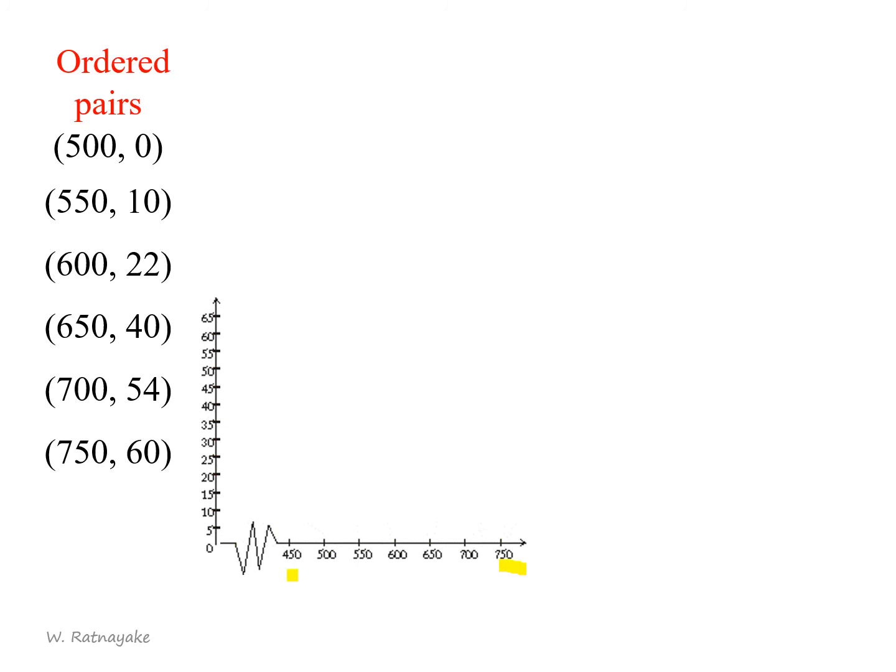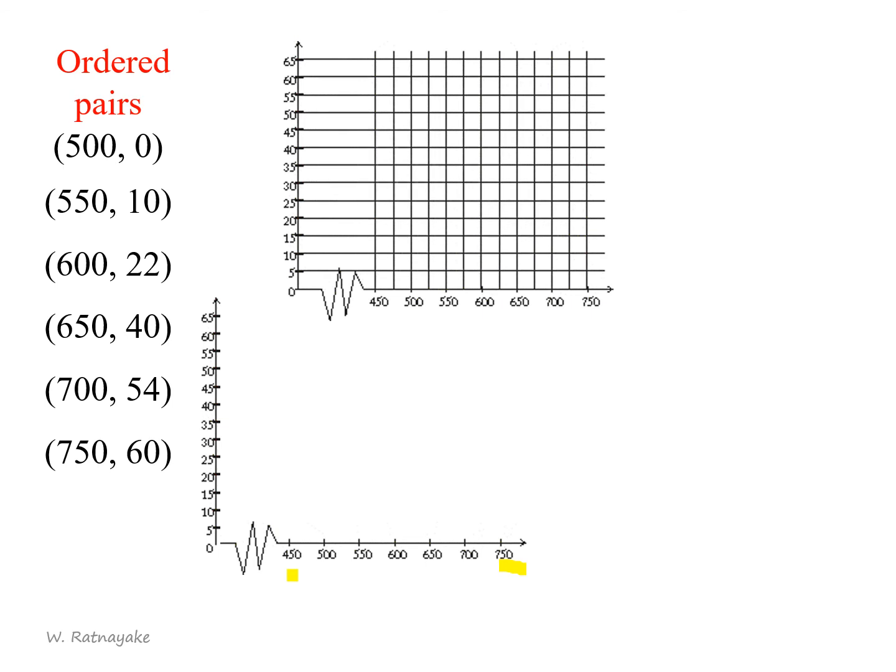The grid will be like this, and we can mark these ordered pairs as points on this grid. So this is (500, 0), (550, 10), (600, 22), (650, 40), and so on up to the last point. These points we have to join with a smooth single curve.